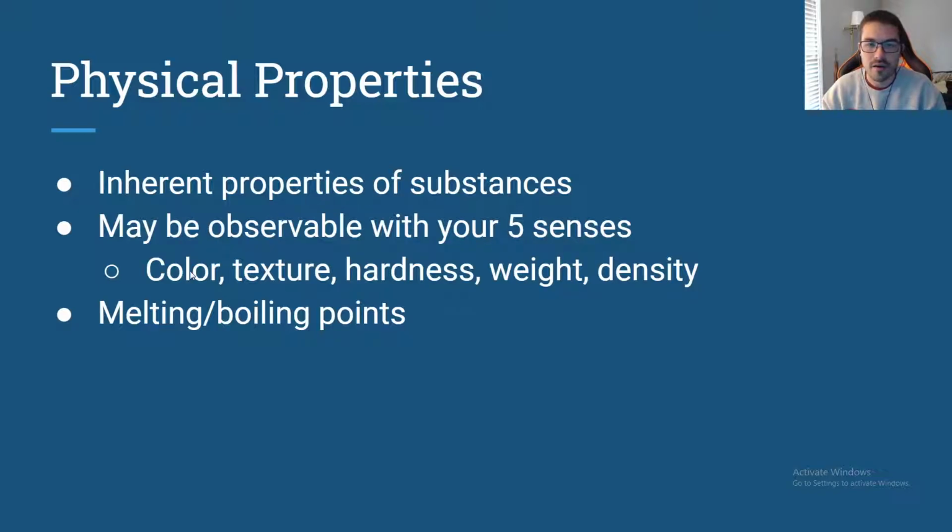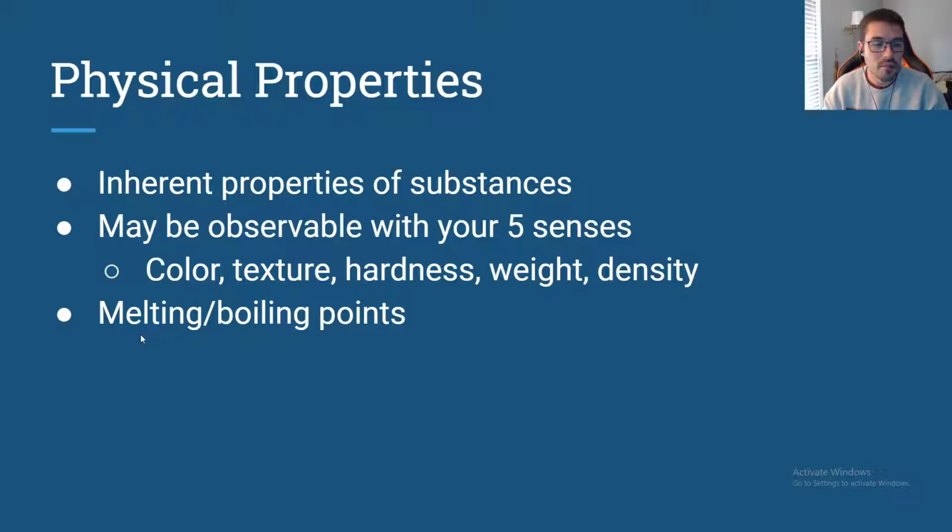So things like the color of something, or its texture, its hardness, how much it weighs, its density, even its state, for example. So if it's a solid or a liquid or a gas. Inherent just means things that you can't take away. Okay, that's kind of what inherent means. So physical properties, like I said, any of these things here, mostly observable with your five senses.